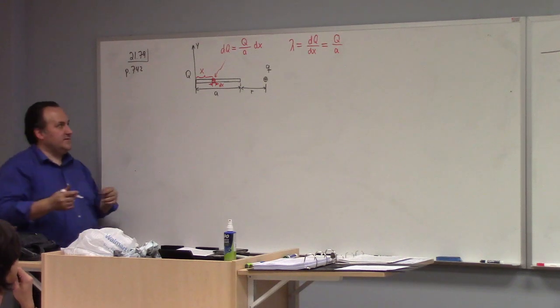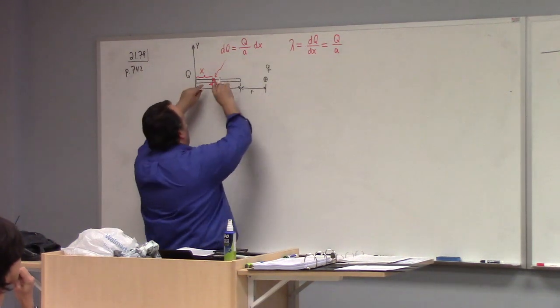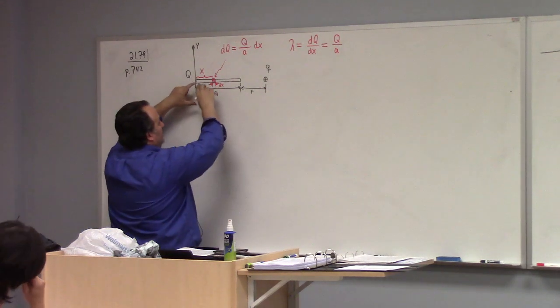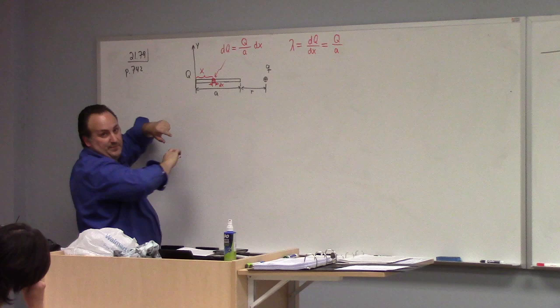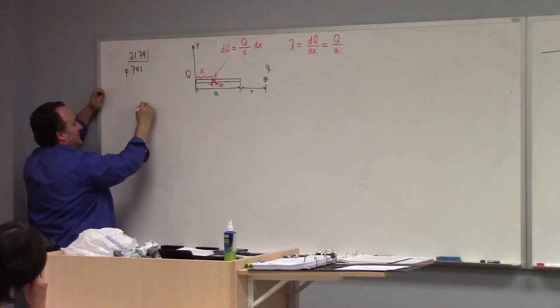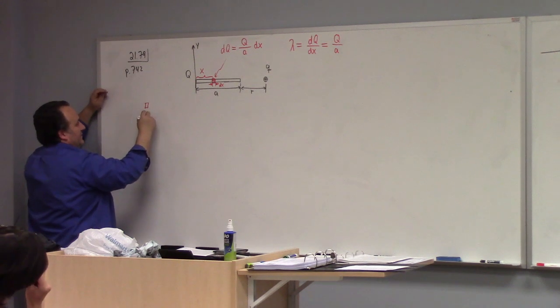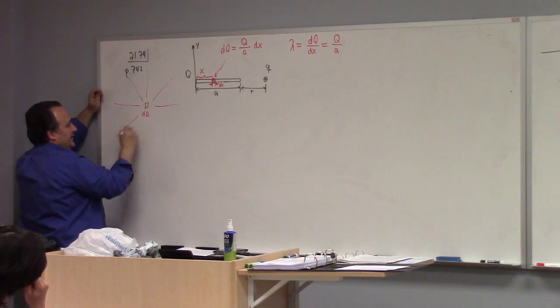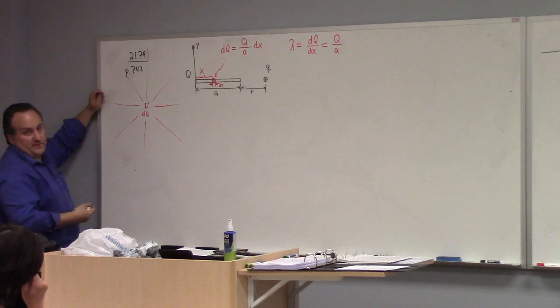And then that little bit of positive charge produces an electric field that goes where? I don't even want to draw it because it'll mess up my picture, but here's my little dq. The electric field goes every different which way out of that little bit of charge.